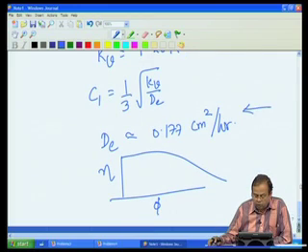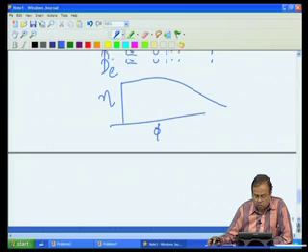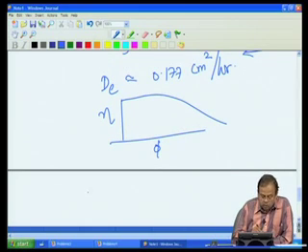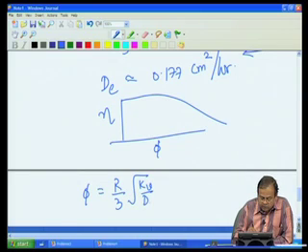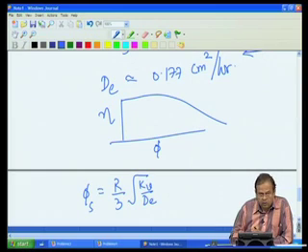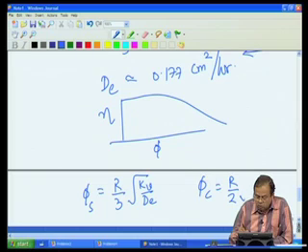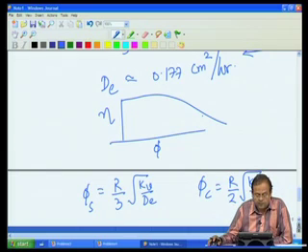That is, if I define my Thiele modulus as what we had done just now for the spherical particle like this, or for my cylinder r by 2 square root of kV by dE, then this relationship is unique.